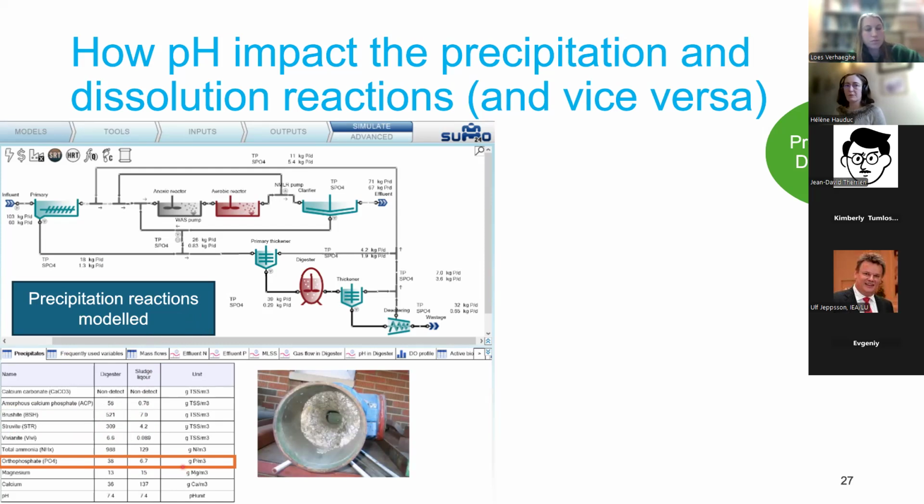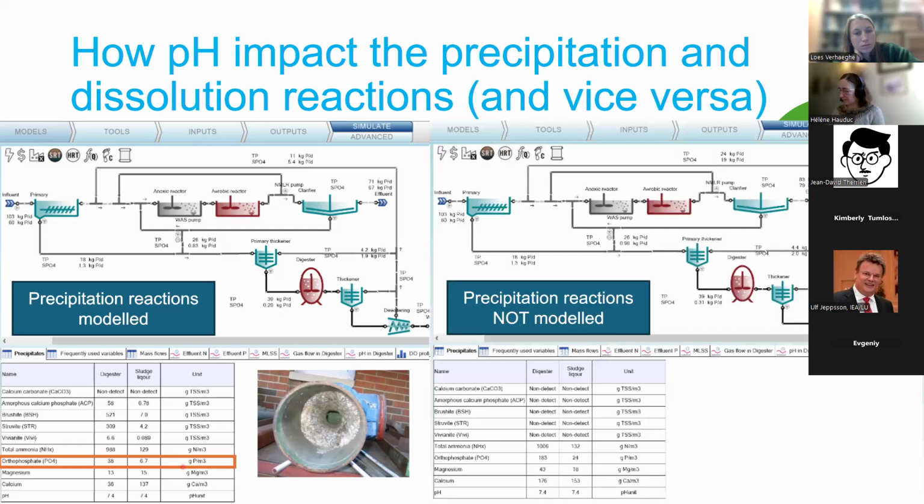And what would happen if we do not account for all those precipitates and the pH in the digester? So I've voluntarily set to zero all the precipitation kinetics here, but in SUMO with the default parameters it's not possible to do that.